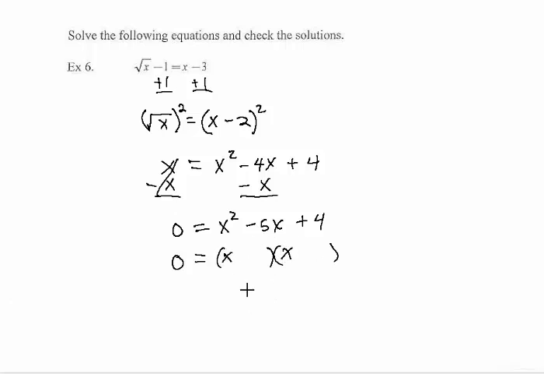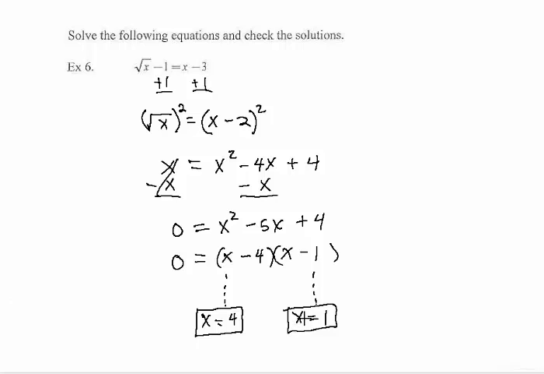We have two binomials. First term of each one is an x, and then we can write our m and n as minus 4 and minus 1. The x minus 4 factor is going to give us a result of x equals 4, and the x minus 1 will give us x equals 1.